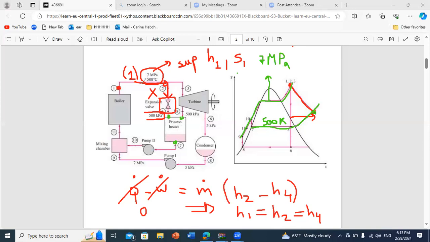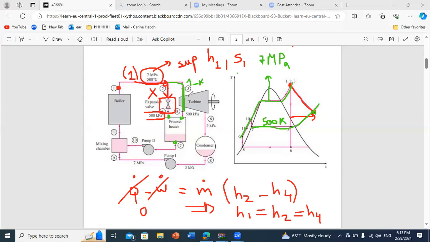Now, as we said, the flow that will reach this level will be divided into a proportion going to the expansion valve and a remaining part that will circulate in the turbine in a first stage. So it will be 1 minus x. So between points 3 and 5, you have 1 minus x that is circulating.